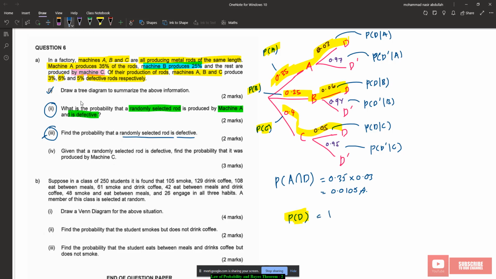The first one is the probability of A intersect D, plus the probability of B intersect D, plus the probability of C intersect D. So this is 0.03 multiplied by 0.35, plus, can you calculate for me, 0.06 multiplied by 0.25, plus 0.05 multiplied by 0.4. So what is the answer?